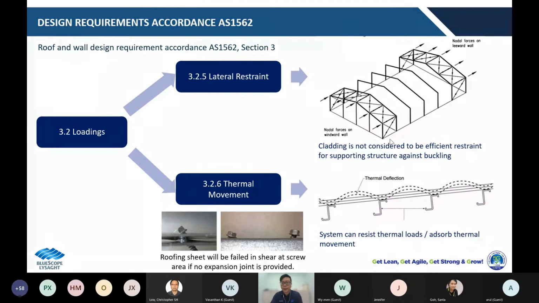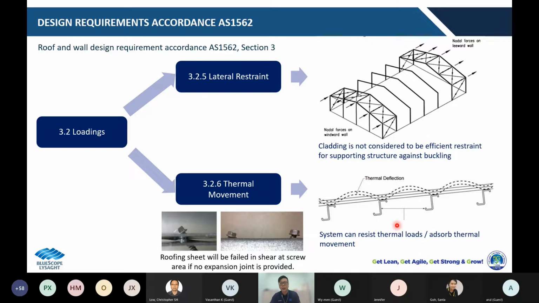All right. Then about clause 3.2.6, thermal movement, the standard stated that the system should be able to resist thermal loads or thermal movement. It is very important because the roof system design does not capture the thermal movement. The roof might be affected by local shear at the screw area, as shown in this small photo here. Eventually, it leads to rainwater leakage at the screw area.